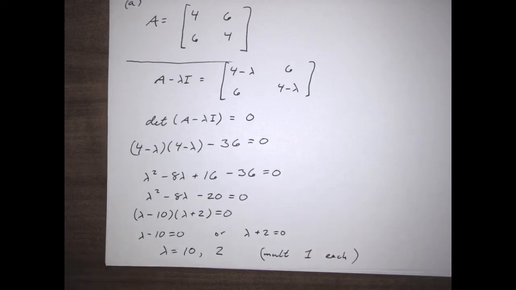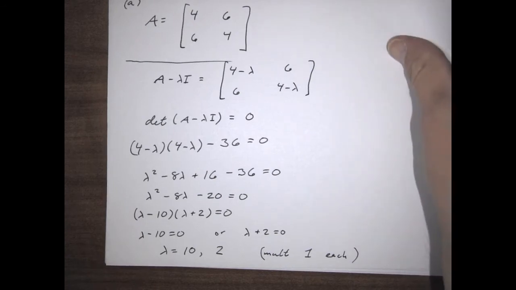Usually we won't actually specify the multiplicity unless we're asked, or unless the multiplicity is higher than 1.